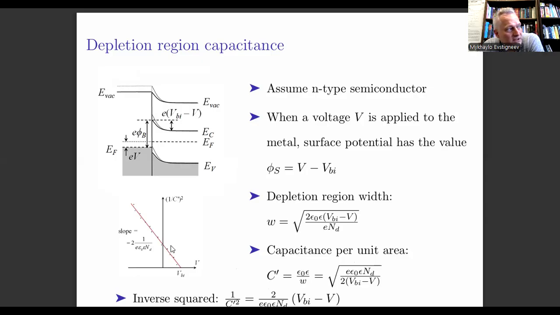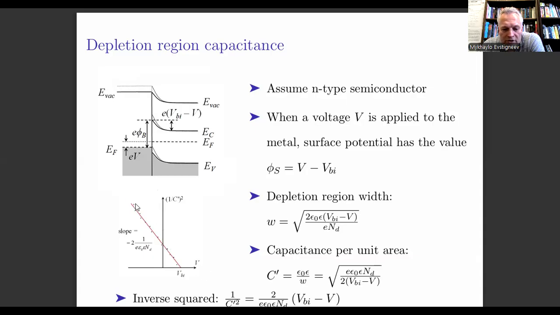You can do this measurement for different values of the applied bias, and then you will get a linear graph for the inverse capacitance squared versus voltage.